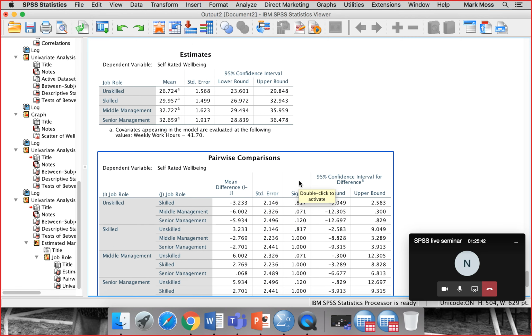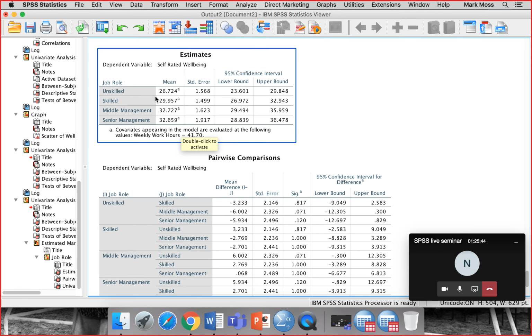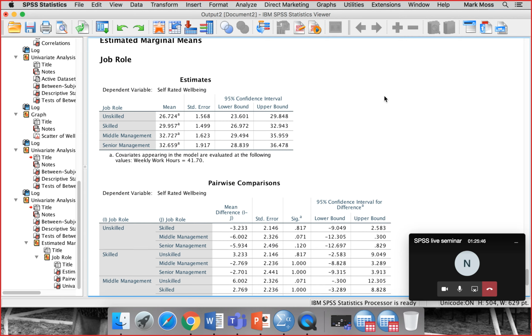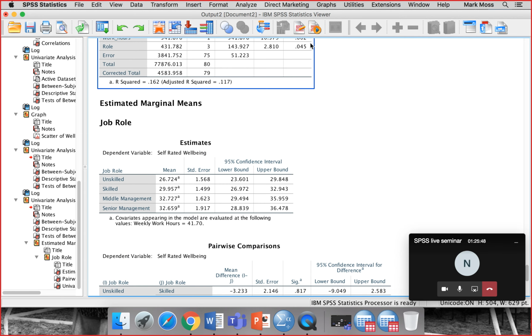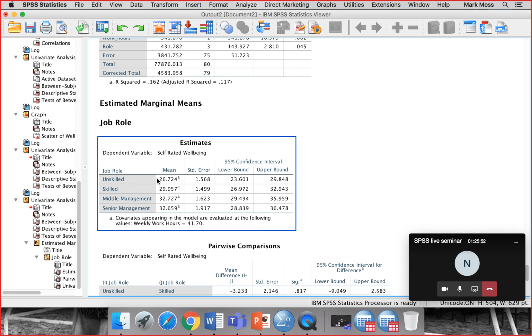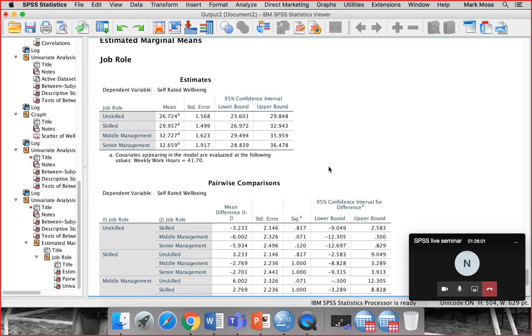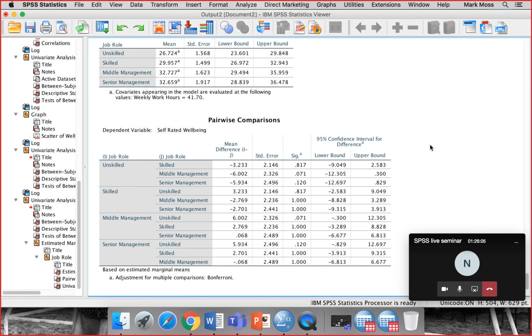But what you can see is that the effective difference that we've got by adding in the covariate is that overall there is a significant difference between them, and effectively the unskilled has got the lowest score and the middle management and senior management have got the highest scores. But unfortunately the Bonferroni corrected comparisons are still not quite significant. Bit of a blow. Should have checked that earlier. Would have been nice if they were significant, but never mind.